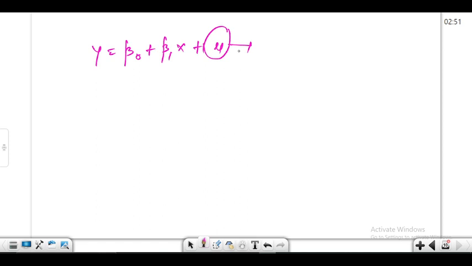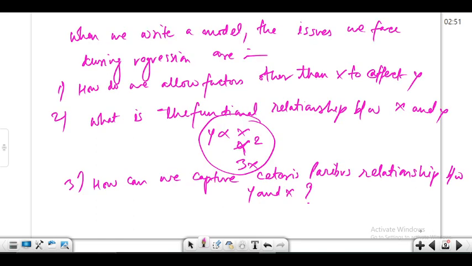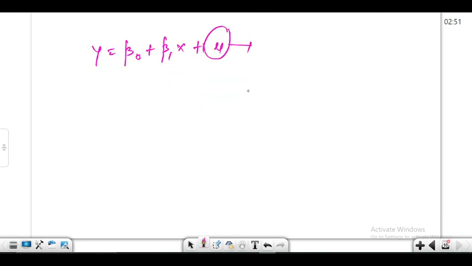Okay, let's see the second question. What is the functional relationship between x and y? So in the simple regression model, the functional relationship is linear. The y variable is a degree one variable, the x variable is a degree one variable. So the relationship is linear. Okay.